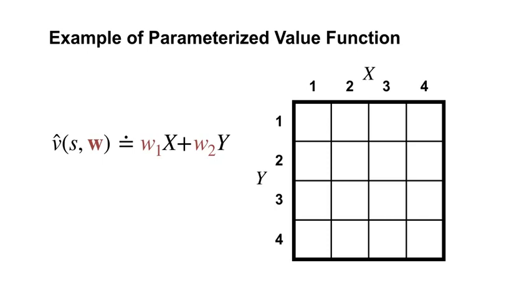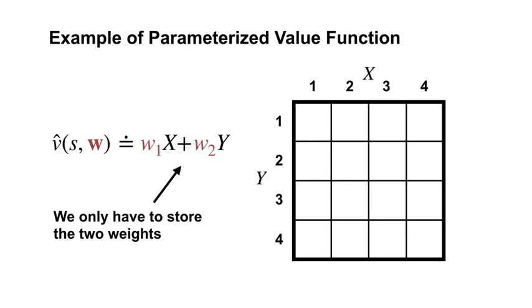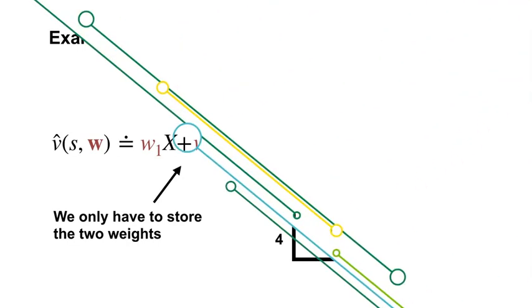They allow us to change the output the function generates. To indicate that this function approximates the true value function, we use the notation v hat. W is a vector containing all the weights that parameterize the approximation. We do not have to store a whole table of values. We only have to store two weights to represent our value function approximation. You can imagine how this kind of compact representation is useful for large state spaces.